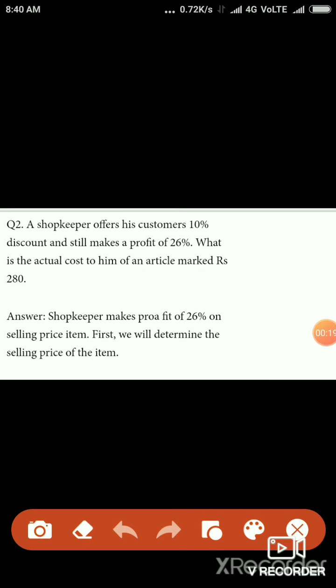If the mark price is given to you as rupees 280, the shopkeeper makes a profit of 26% on cost. First of all, we determine the SP, the selling price of the item. When mark price is given to you, and discount is given to you, you will apply the formula for calculating SP.